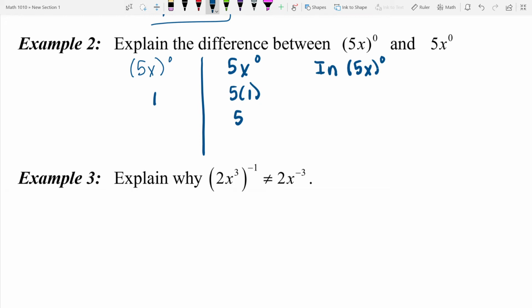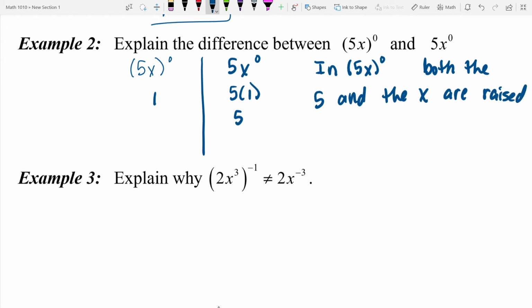Okay, everybody write this with me, please. Both the 5 and the x are raised to the 0.